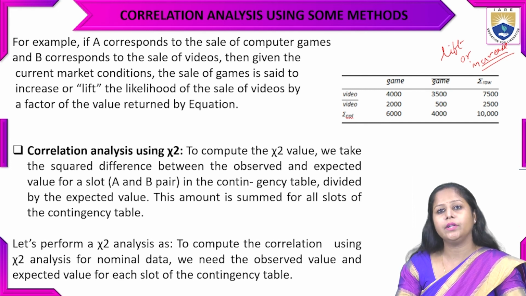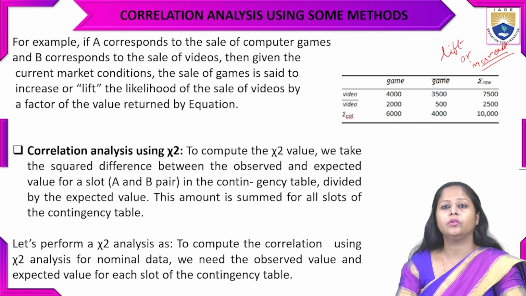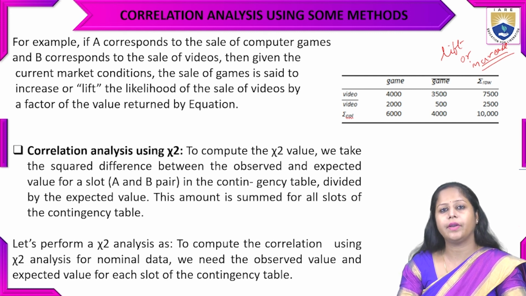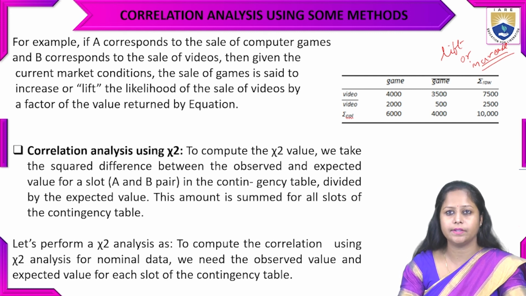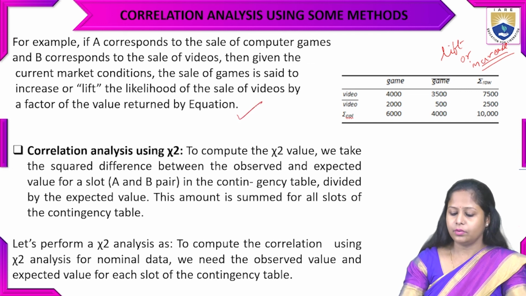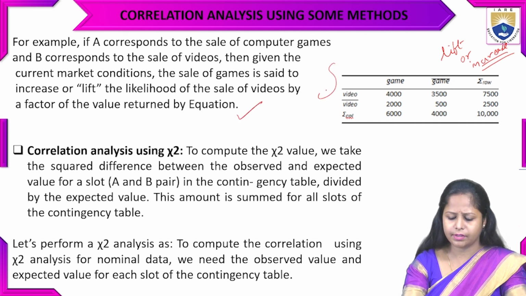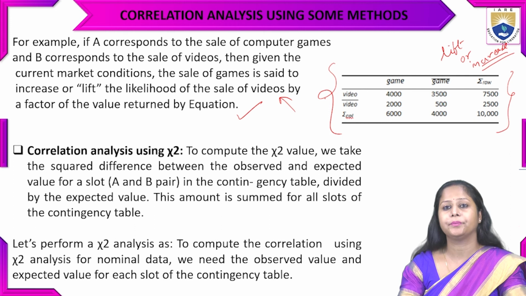That is said to increase or lift the likelihood of the sale of videos by the factor of the value returned by the equation. So that was the table from which we derived these rules.